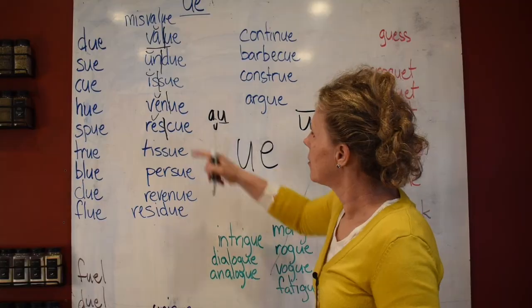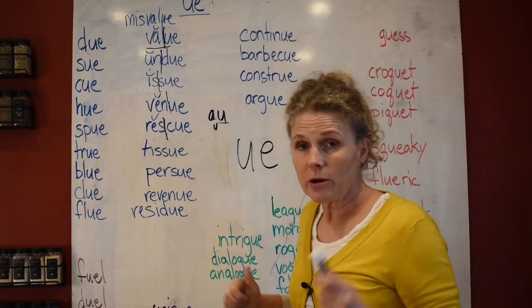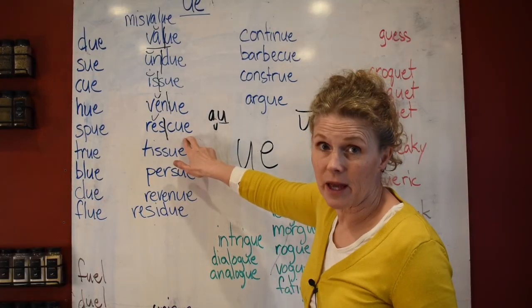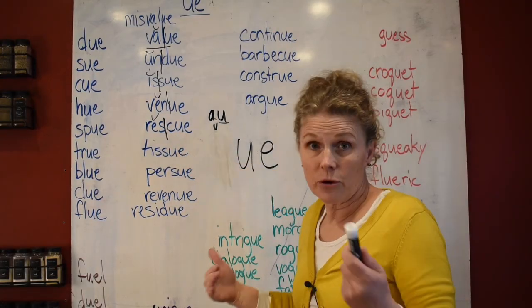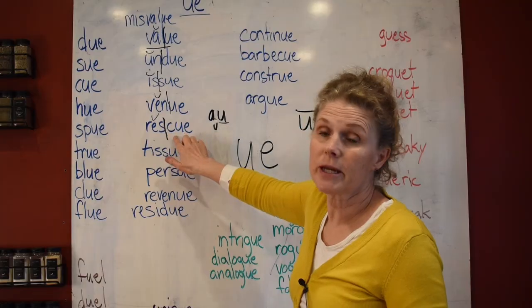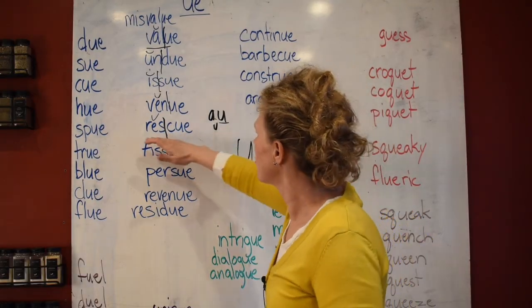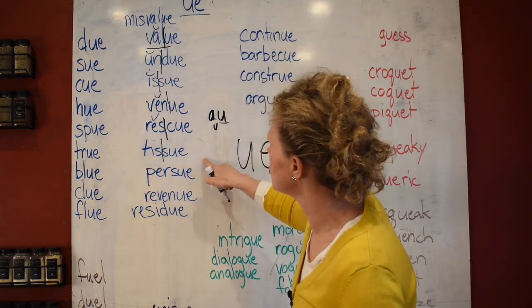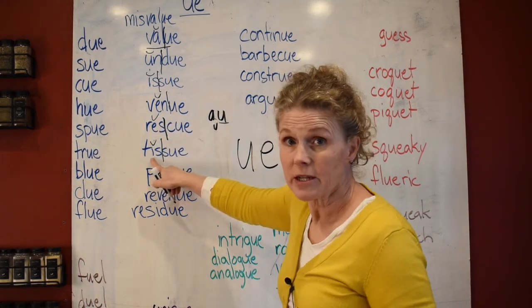Rescue. Look, if you hear Q, how are you going to spell it? C-U-E at the end. If you hear it in the middle of a word, then you would spell it C-U. Rescue. Tissue. See? Short sound.